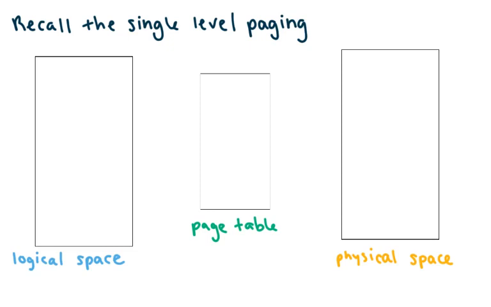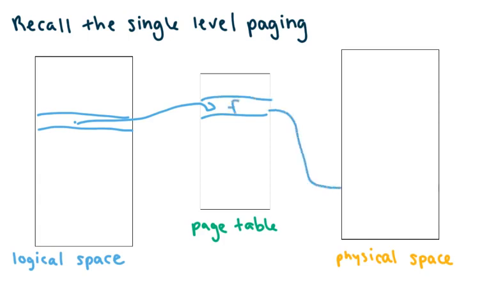We had our logical address space, and based on the virtual address that was generated by the CPU, we were able to take this address and look into a page table, and the page table told us the frame number, so we could see where it was in the physical space.